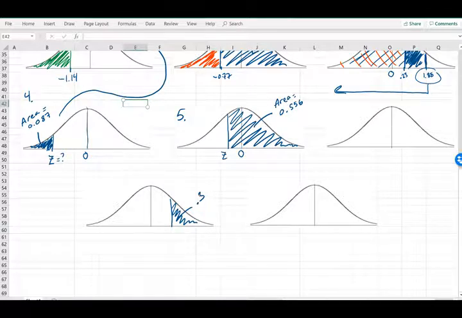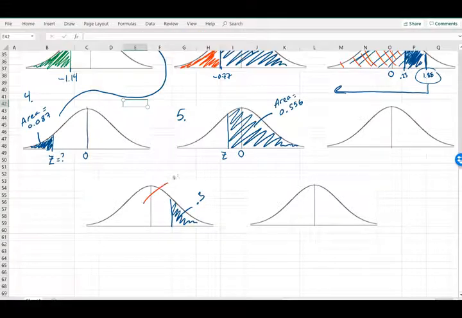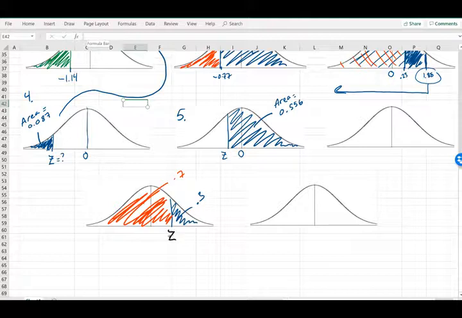If there's 0.3 to the right, the other 0.7 would be to the left. So for this particular z-score, it's two ways of saying the same thing. 30% is to the right, 70% is to the left. But the important thing is that Excel can only work with area to the left.